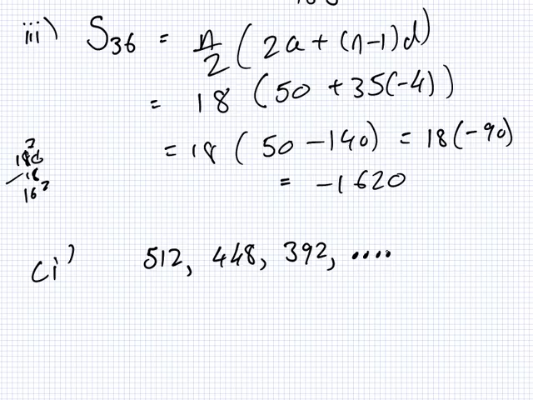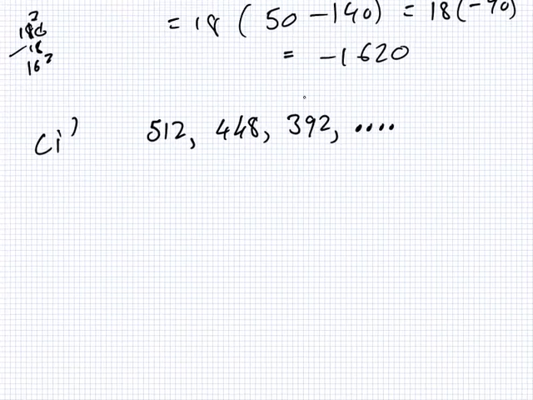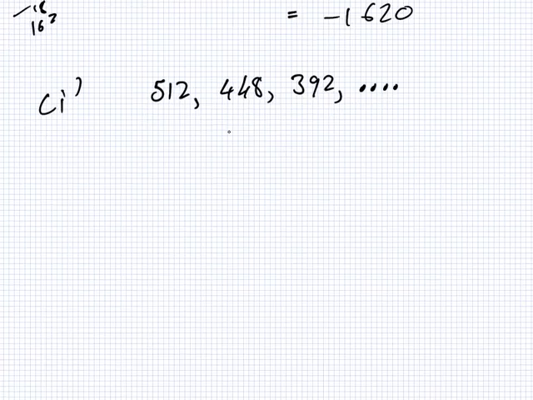There's a couple of ways to do it, but I'll show you the way I would like to do this one. We are looking for when a r to the n minus 1 is less than 1. Because it says falls below, which means smaller, not equal.